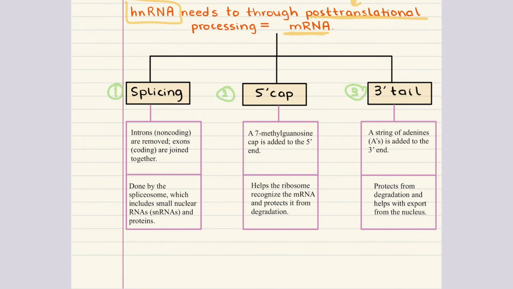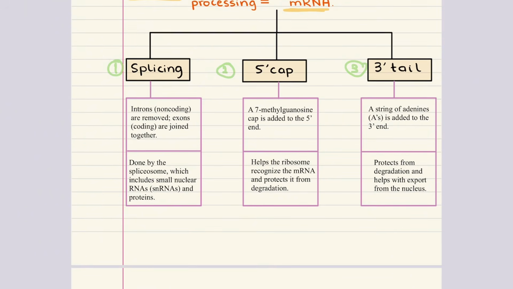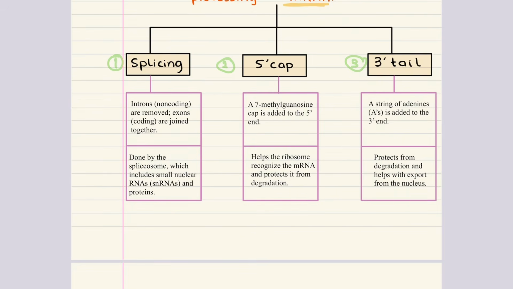Let's start with splicing. During transcription, the RNA is going to include both exons and introns. Exons are the coding regions. These are the parts that actually contain instructions for making a protein. Introns, on the other hand, are non-coding regions that need to be removed. Splicing is the process of cutting out the introns and then joining the exons together to form a continuous coding sequence.